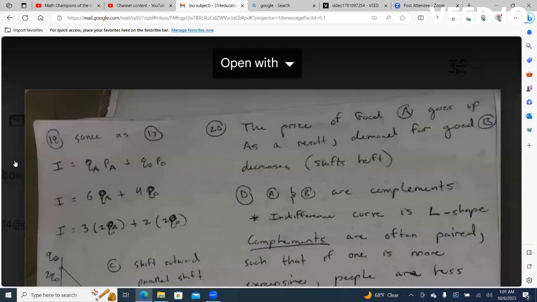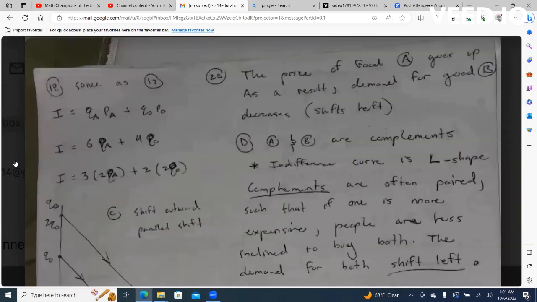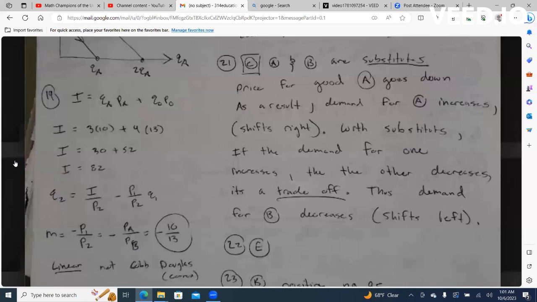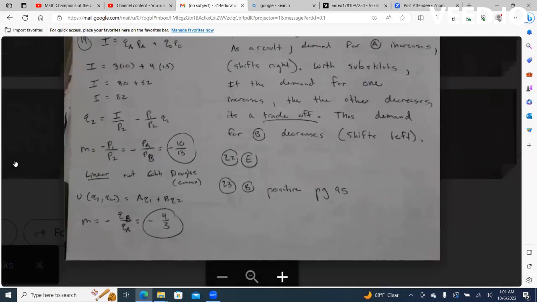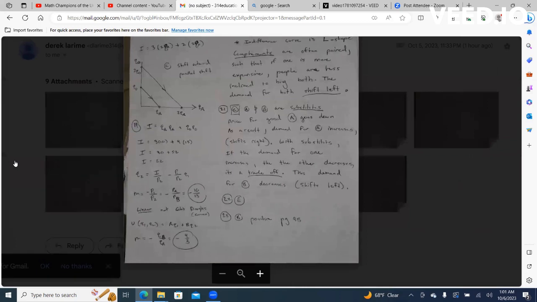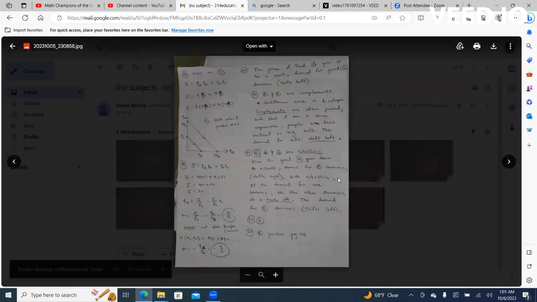Number 19. Number 20. Number 21. Some of them are just definitions, which is why there's no solution. Or maybe we just solve them later. I solved most of them. I solved all of them, but some of them just note something on a page somewhere.